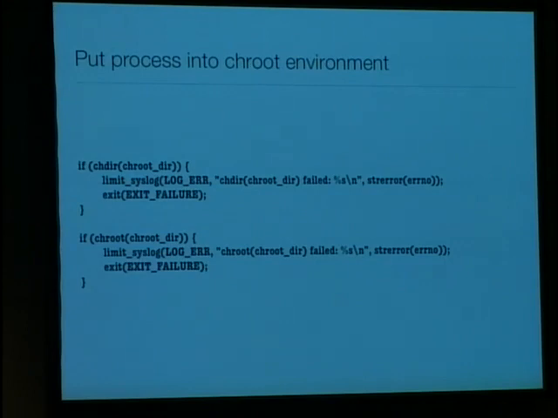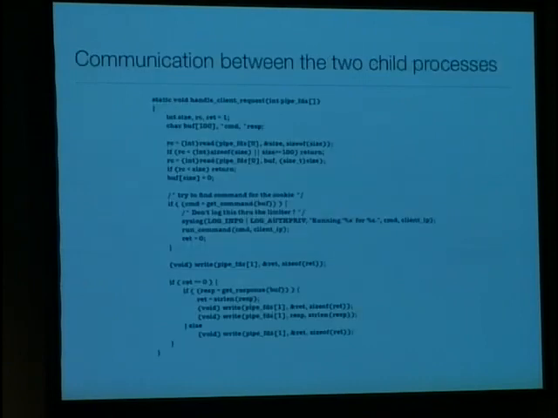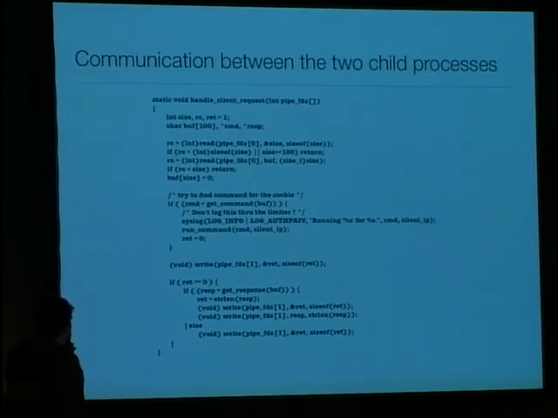Actually, this code is quite boring, but that's the simplest way to show all this. The communication between the two child processes, well, as I said before, it's quite boring code.